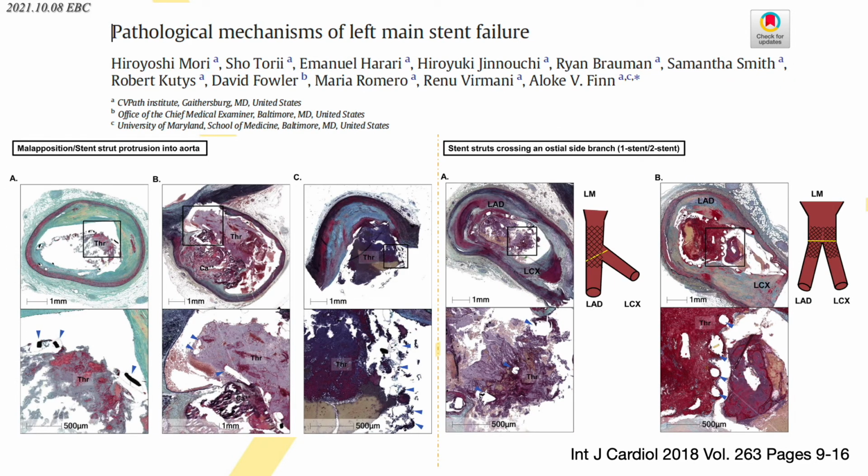Again, even though the frequency of stent thrombosis in left main is low, once it occurs, it is directly linked to the sudden death of the patient. Therefore, it must be avoided as much as possible when using a stent.